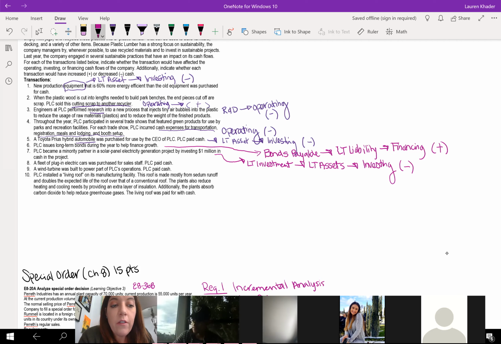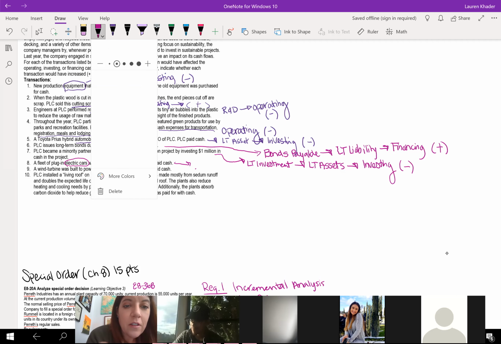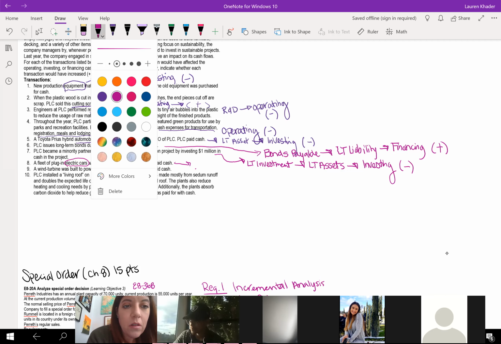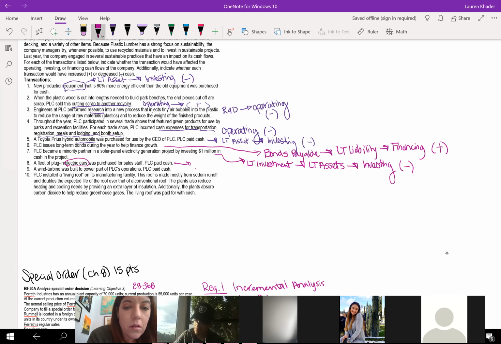For number 8, a fleet of plug-in electric cars was purchased for sales staff. PLC paid cash. So you have 3 car ones. So investing, and then outflow. A wind turbine was built to power part of PLC's operations.